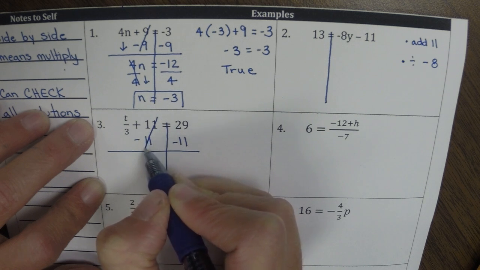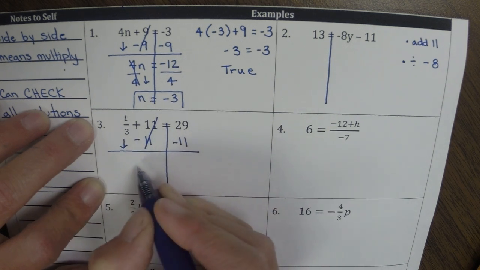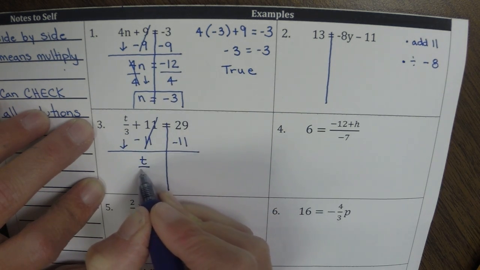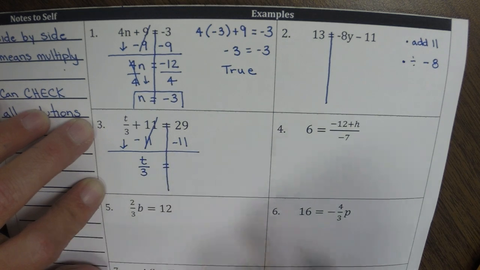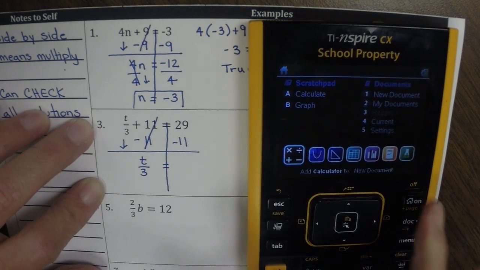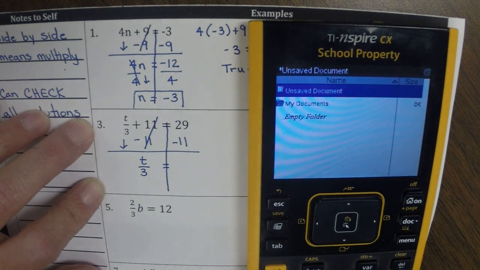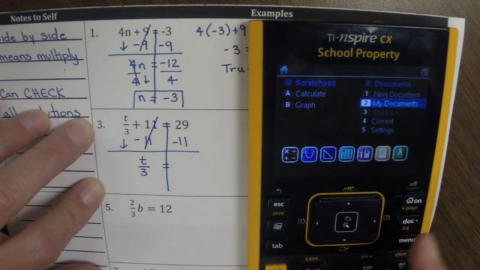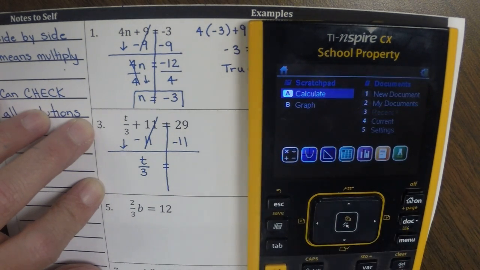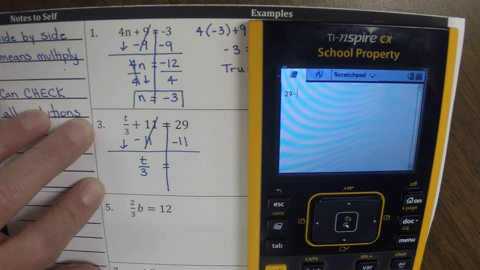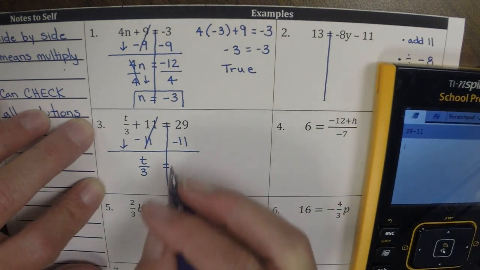These would cancel out. I would bring this down. So I now have t divided by 3 equals, and then I would put in 29 minus 11. Whoa. Or I could hit all kinds of crazy buttons. And I get 18.